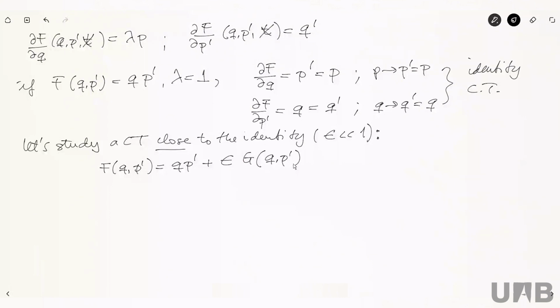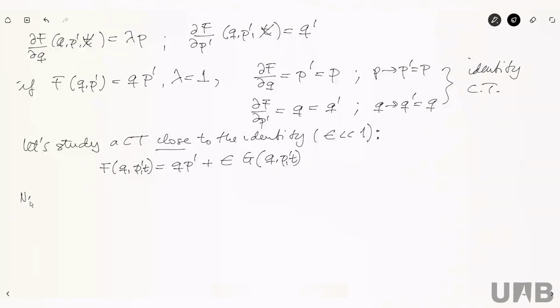All right? Now, in general, we're going to keep a certain time dependence here because nothing is going to change, okay? Now, let us see what the partial differential equations are now for this generating function.